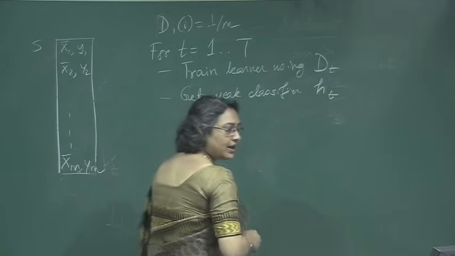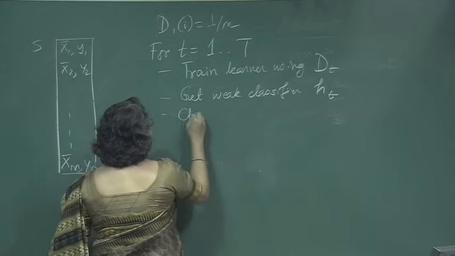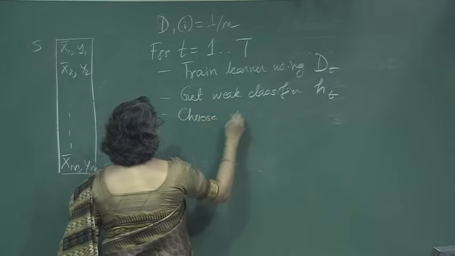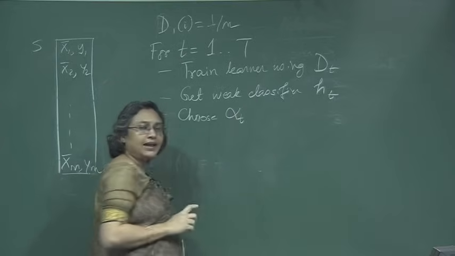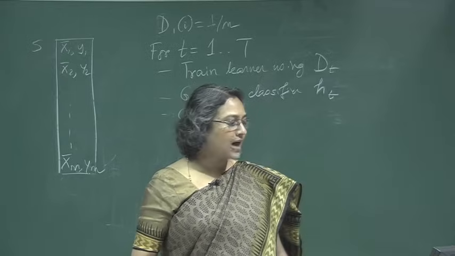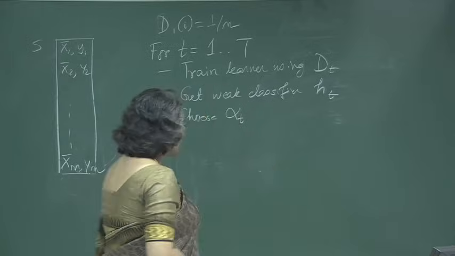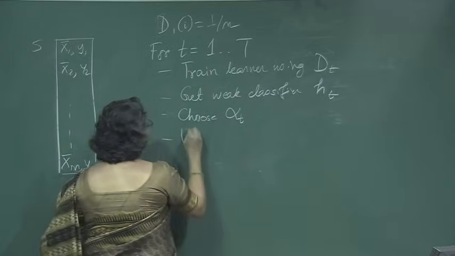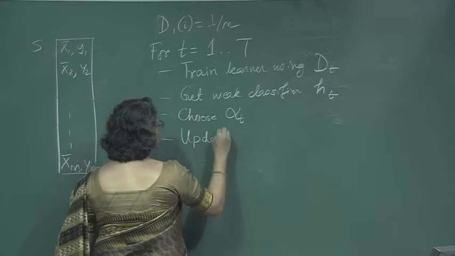Then we choose alpha t as the weight associated with ht. We will see later how alpha t is chosen, and we update the distribution.